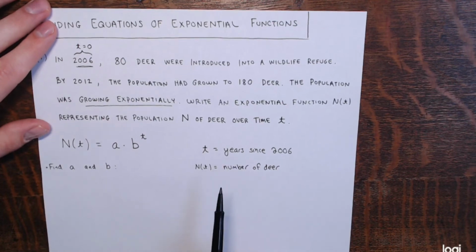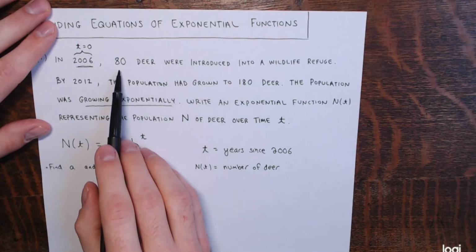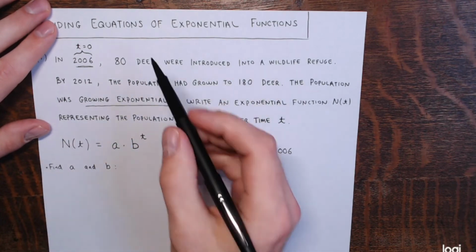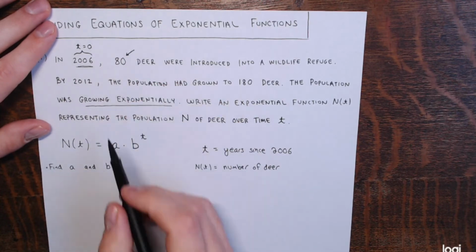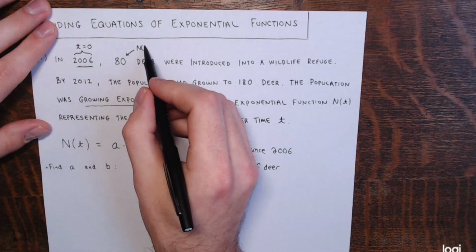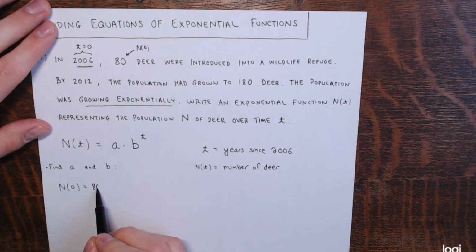There are 0 years since 2006 if you're in 2006. 80 deer were introduced into the wildlife refuge, so this is the number of deer when t equals 0. This is n of 0. So we are told n of 0 is 80, and this will help us find the value of a.